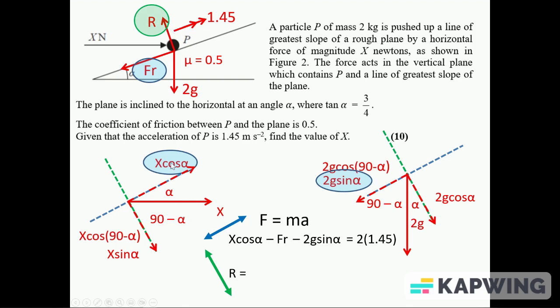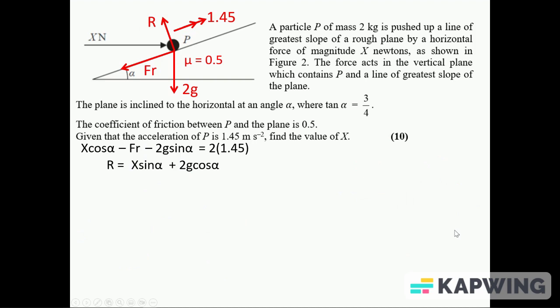It's the only one. The x has got a component going down into the plane, if you like. So R is equal to x sine alpha plus this component here, 2g cos alpha, because that's also into the plane. So I've got my two equations.